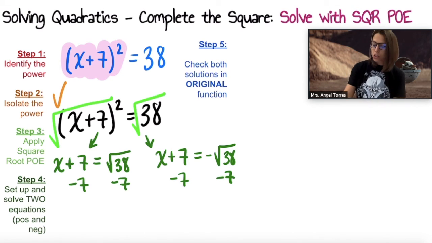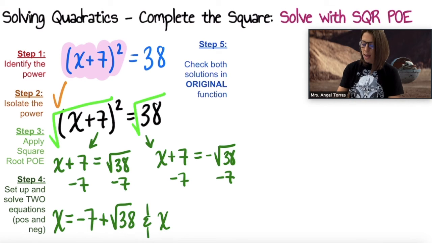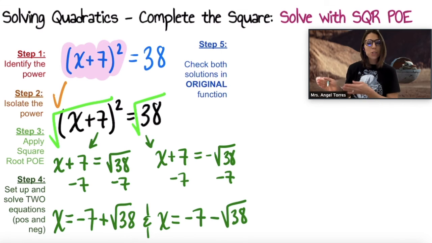One of our solutions is x equals -7 plus the square root of 38, because that's the positive square root, and x equals -7 minus the square root of 38. These are actual values and these are actual zeros. They're just irrational, which is actually why complete the square exists, so that we can find these irrational zeros when given a quadratic in standard form.